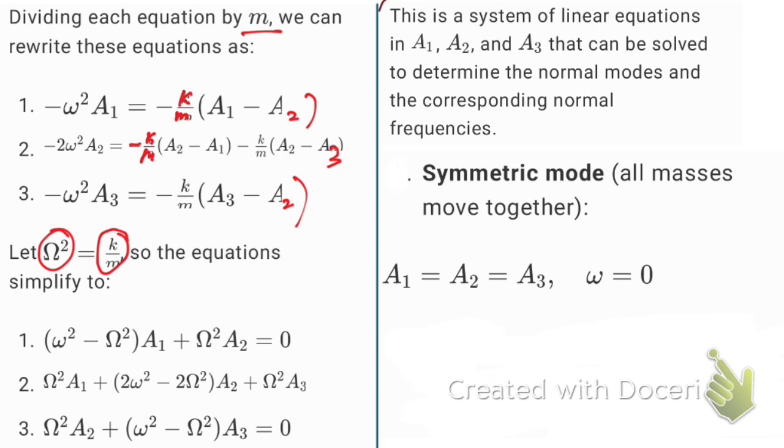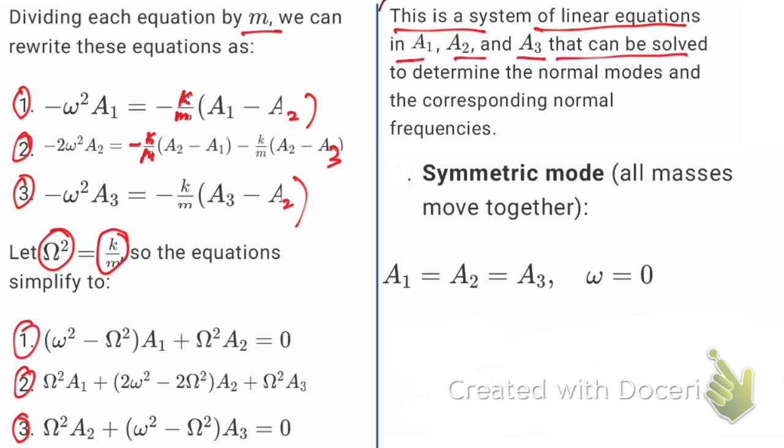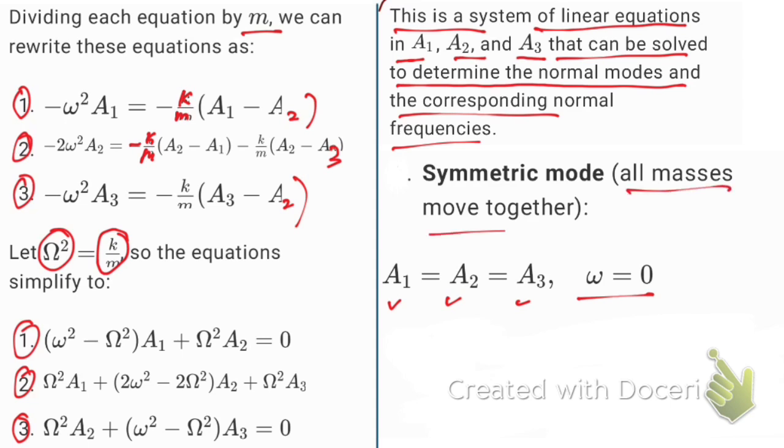Then these three equations take this form, and this is a system of linear equations in a1, a2 and a3 that can be solved to determine the normal modes and corresponding frequencies. Solving these equations, we get a1 equal to a2 equal to a3 and omega equal to 0, the symmetric mode, when all the masses move together.